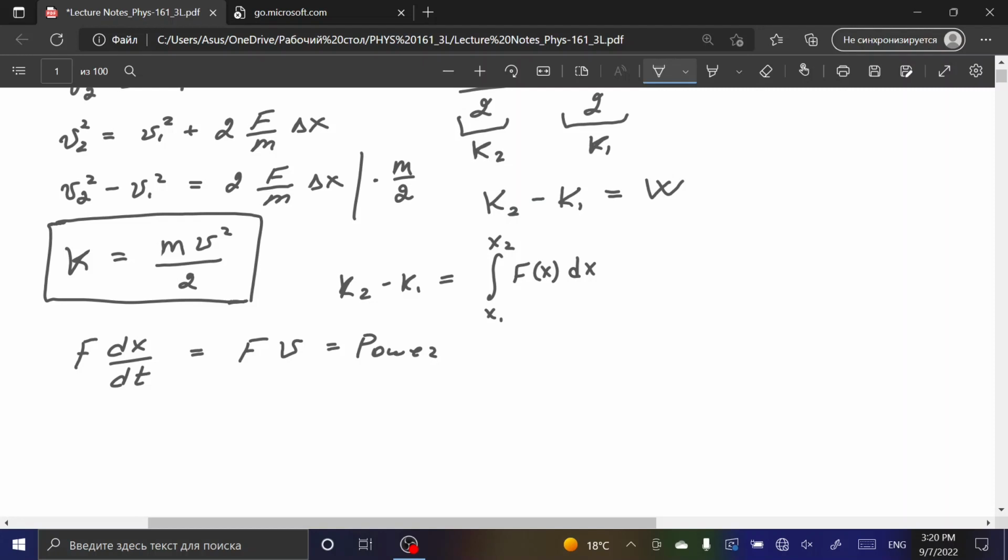In that case, we deal not just with work, because work is the total work done to move the object from point 1 to point 2. But during this travel, the power, the rate of work performance, could be different. It can vary because the instantaneous velocity can be different.